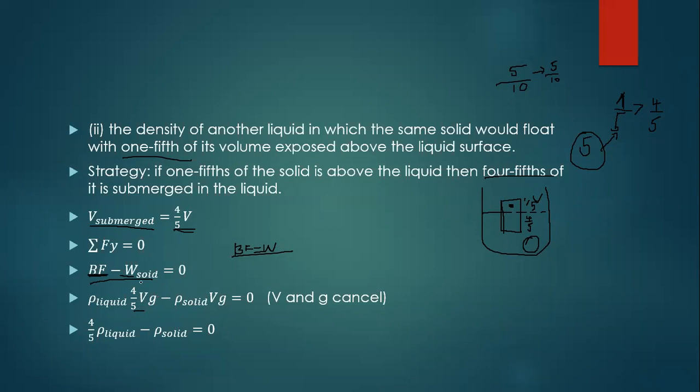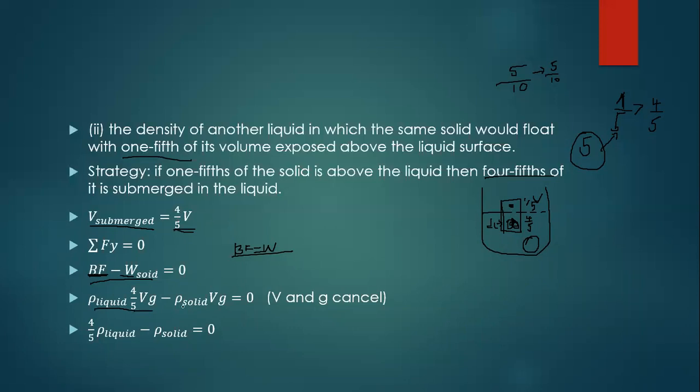And the displaced liquid will be equal to the volume of this solid which is inside the liquid. So the volume of the displaced liquid will equal this part which is under this liquid. No wonder we've gotten the 4/5, to compute buoyancy force.